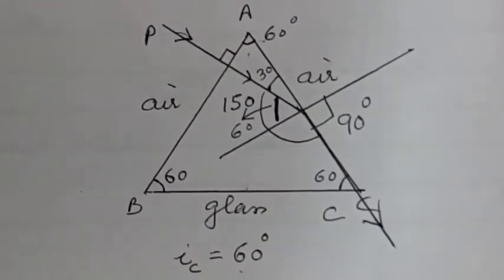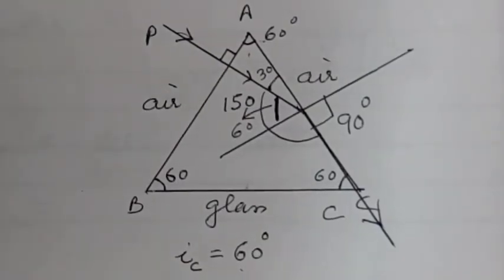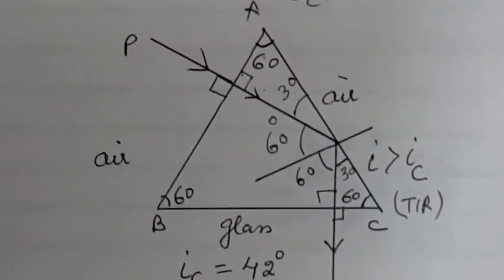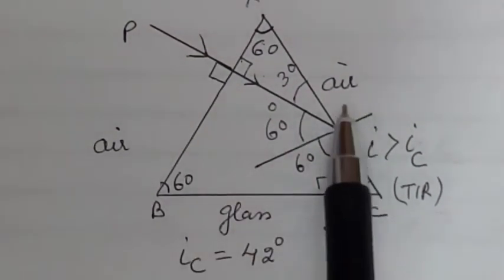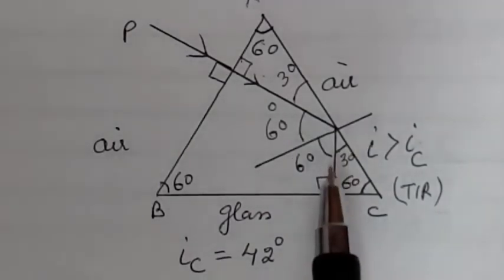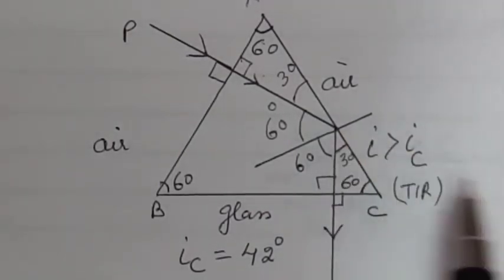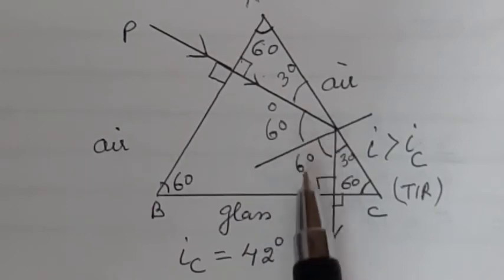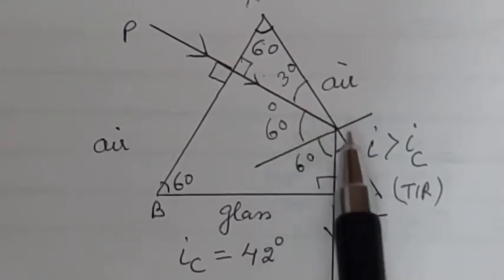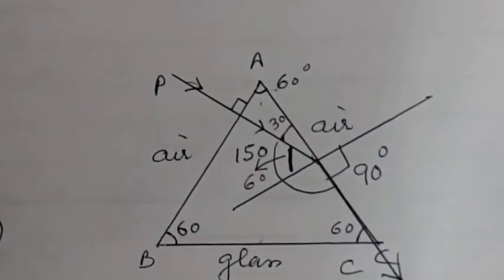That's an important, very tricky question, which can be asked in two different ways, either like this or like this. Here the critical angle is 42, the ray went down, got reflected, TIR. In the next question the critical angle is equal to 60, so the ray will go along the surface, as we saw in this diagram.